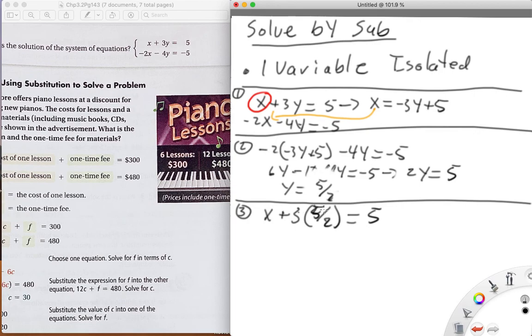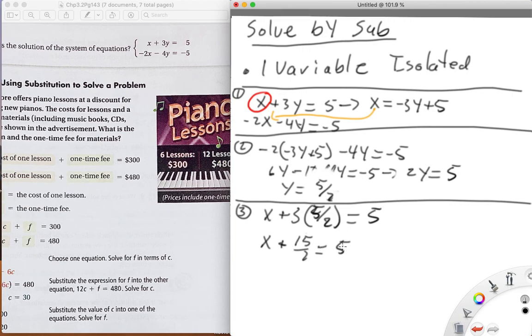Okay. Then x plus 15 over 2 is equal to 5. I subtract 15 over 2 from both sides.